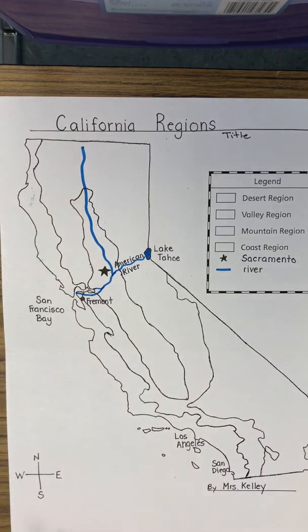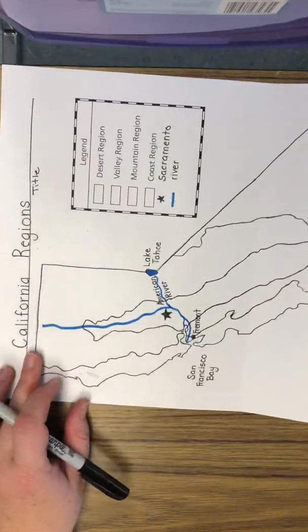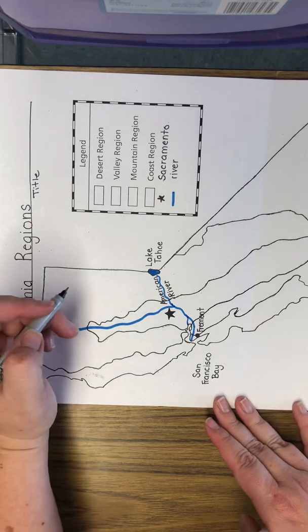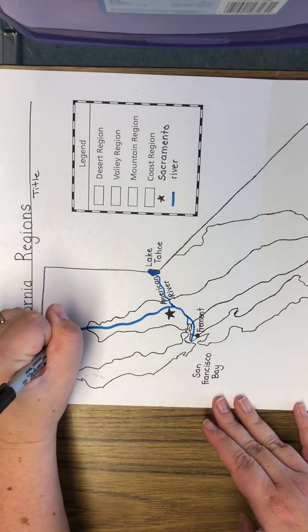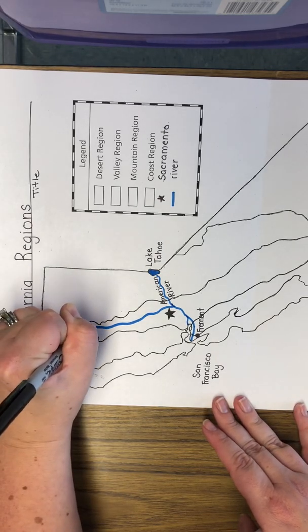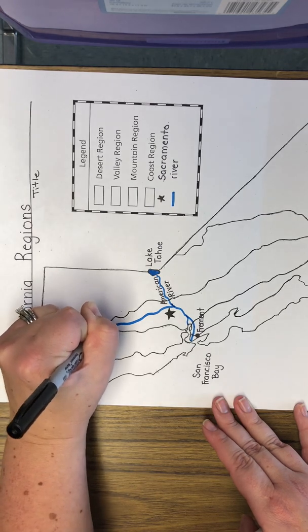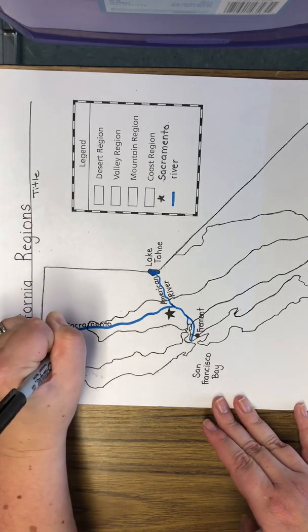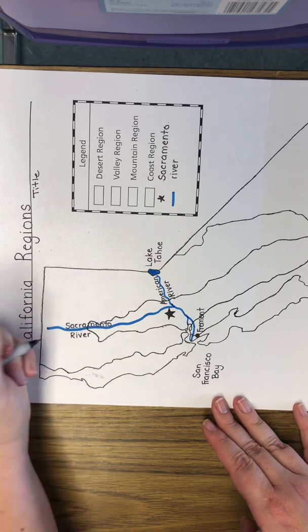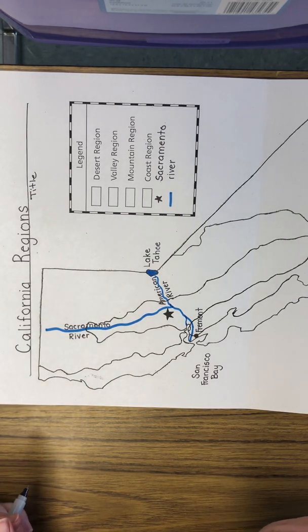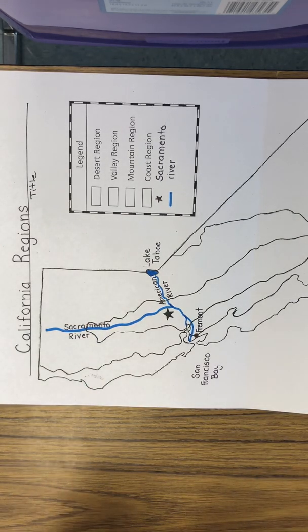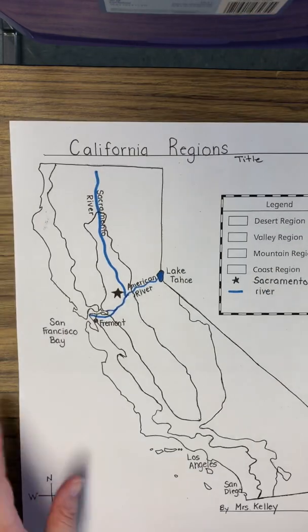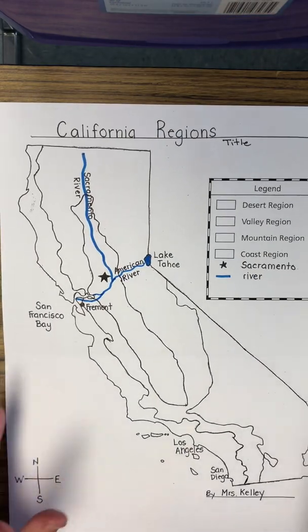Now what I'm going to do is turn my map like this and label it so that it's a little sideways. Sacramento River. Okay, Sacramento River. Now I'm going to turn my paper back. It's okay that it's a little sideways.